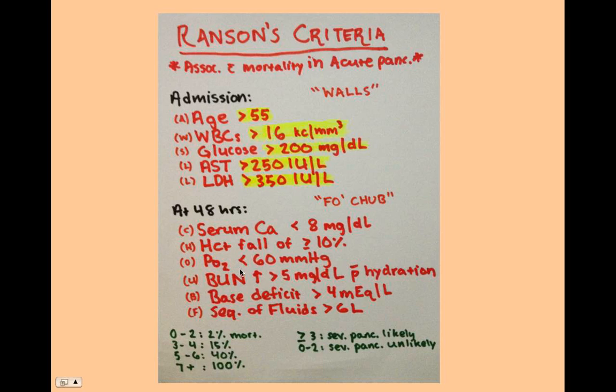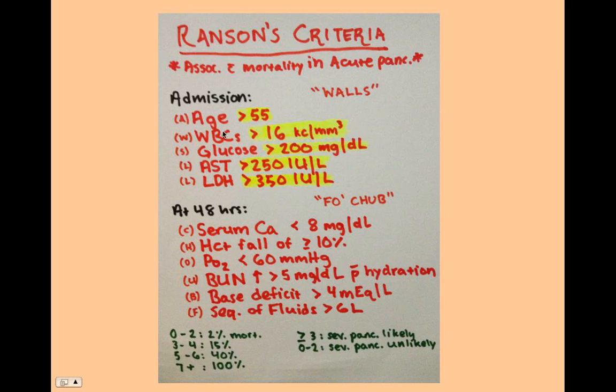O would be the partial pressure of oxygen being less than 60 millimeters of mercury. C would be the serum calcium is less than 8. H would be the hematocrit greater than 10% fall from admission. U would be the blood urea nitrogen having increased more than 5 milligrams per deciliter after hydration, and the B would be a base deficit of greater than 4 milliequivalents per liter.